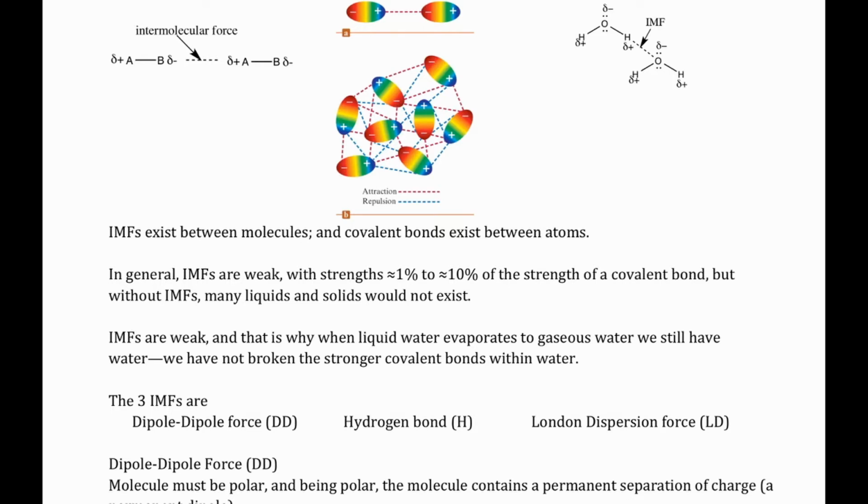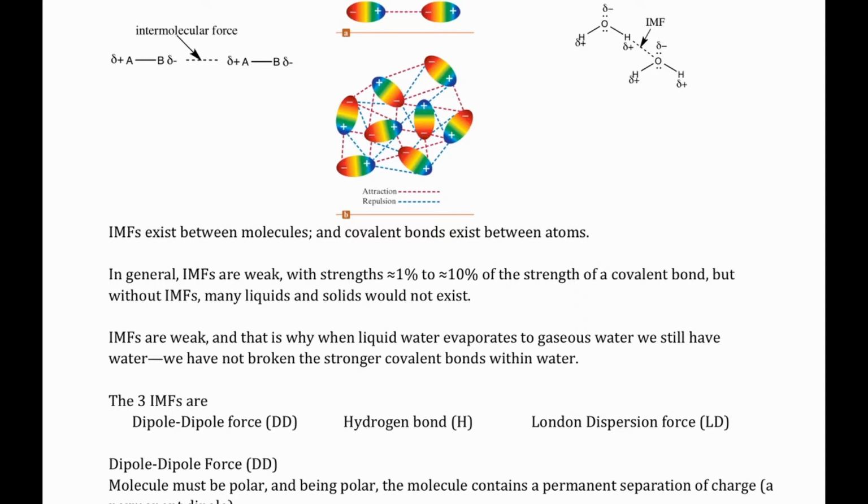But without IMFs, many liquids and solids would not exist because there would be no attraction between the particles and they would be in the gas phase. So IMFs exist, although they are weak. That is why when liquid water evaporates to gaseous water, we still have water. We have not broken the stronger covalent bonds within water.